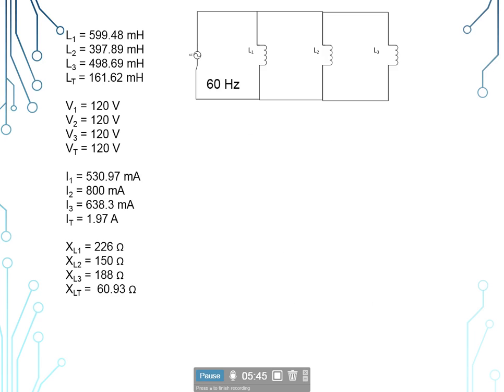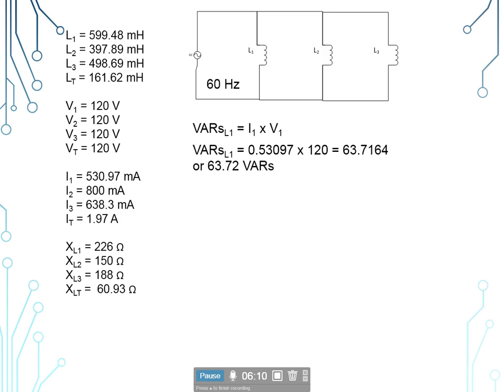Now all we have left to do is figure out our VARs. Remember, VARs are wattless power, and so VARs sub L is equal to I times V. So getting very specific, VARs sub L1 is equal to the current at the first inductor times the voltage at the first inductor. So our current at the first inductor is 530.97 milliamps times the 120 volts.